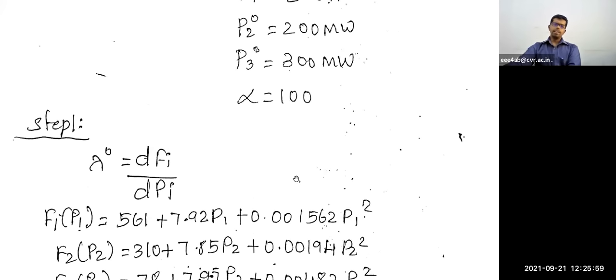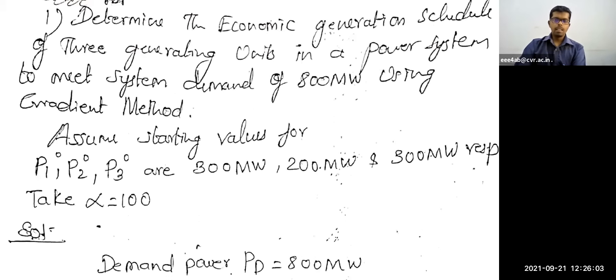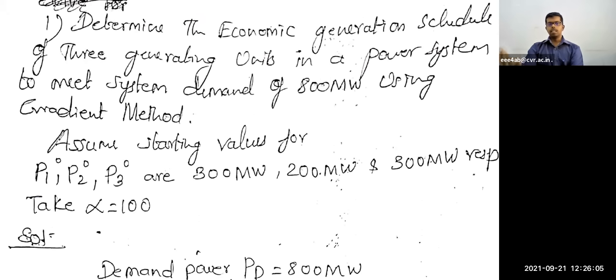So this is only an example problem. Say, for example, in your exam, they may give one problem with some answer without telling you to solve using the gradient method. So you can follow this algorithm.